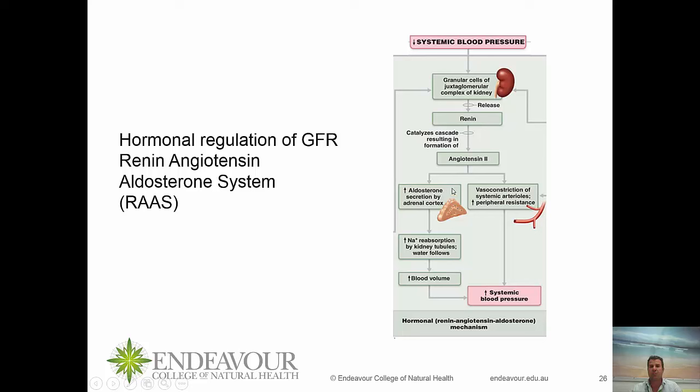That causes the production of angiotensin II. If we follow the right-hand side, angiotensin II causes vasoconstriction of the systemic arterioles to increase peripheral resistance, and that will cause an increase in systemic blood pressure, and that will actually cause a return of our GFR, okay, in response to a drop in blood pressure.